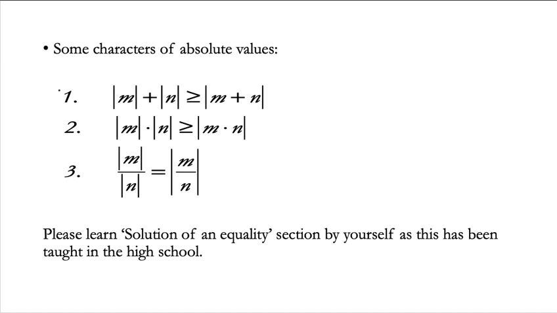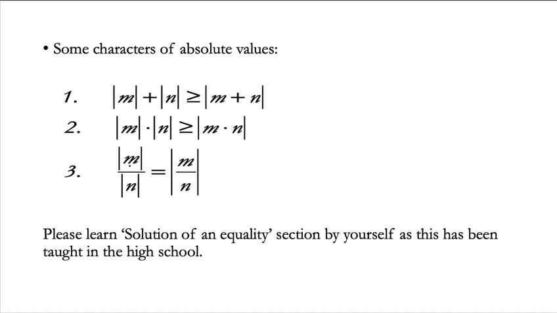All right, number 1, the absolute value of m plus the absolute value of n is greater than or equal to m plus n in absolute terms. Okay? Number 2, the absolute value of m multiplied by the absolute value of n is greater than or equal to m times n in absolute value.